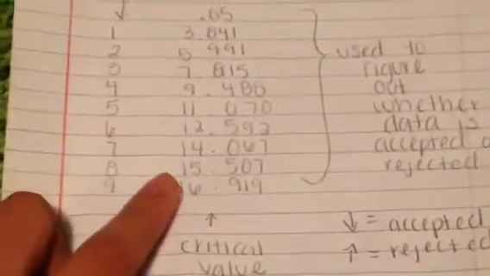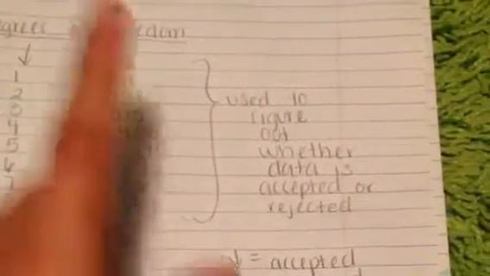So let's take number 8 for example. If my answer from this equation is lower than 15.507, then that means it is accepted. But if it's higher than this number, then that means it is rejected.